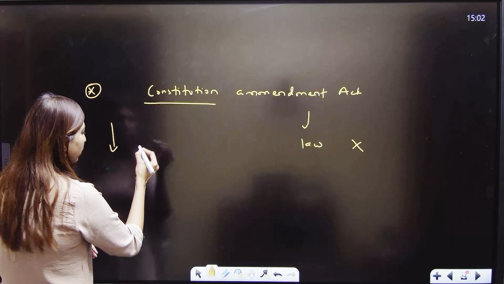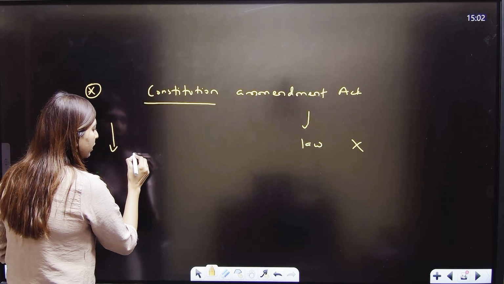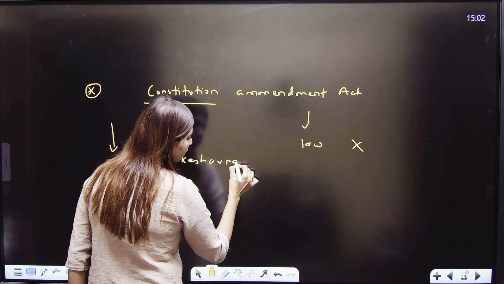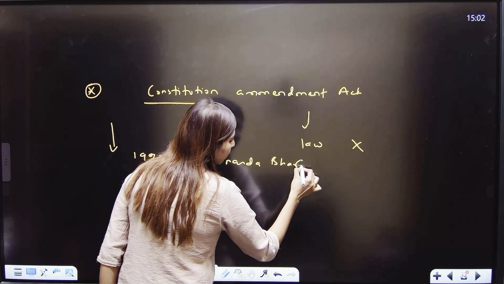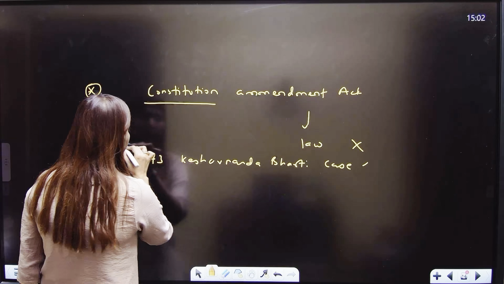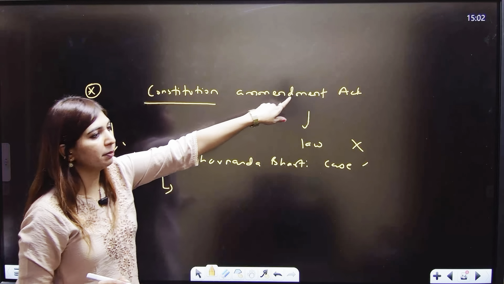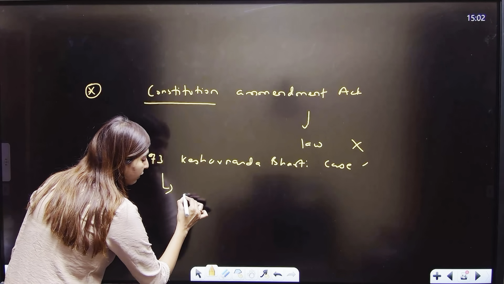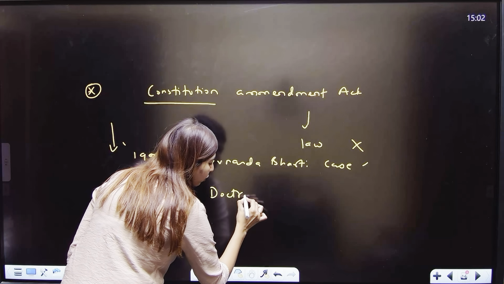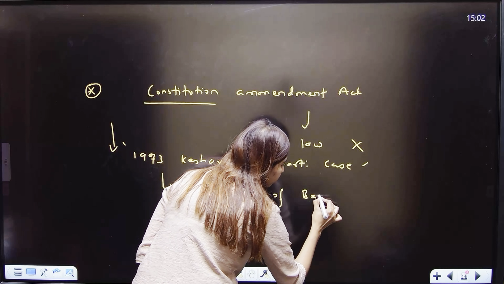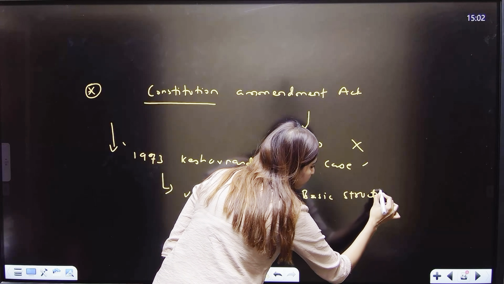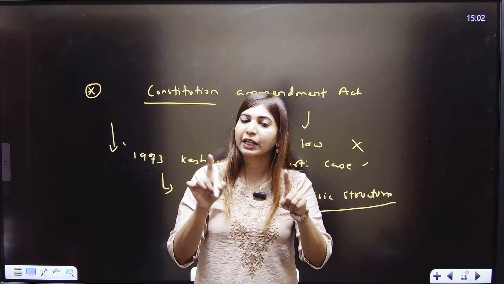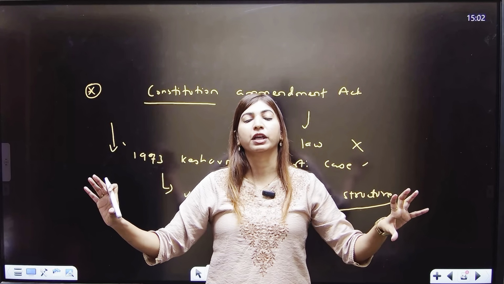So here just try to understand what they concluded. In the 1973 Kesavananda Bharati case, they said that a Constitutional Amendment Act is not law under Article 13 and cannot be challenged, but the doctrine of basic structure will apply. That means the basic features of the constitution, whatever is given in fundamental rights, if violated, can be challenged in court.